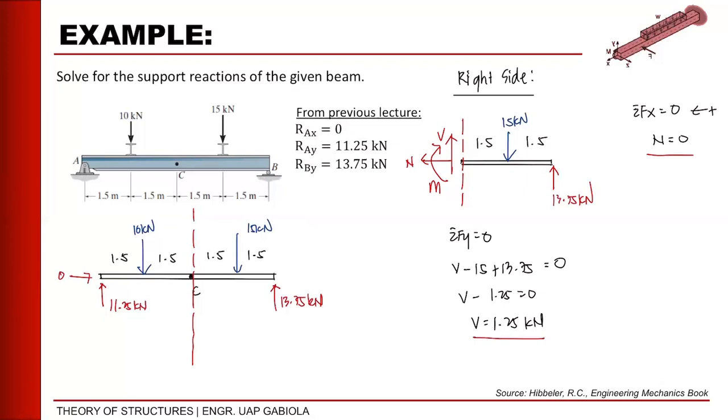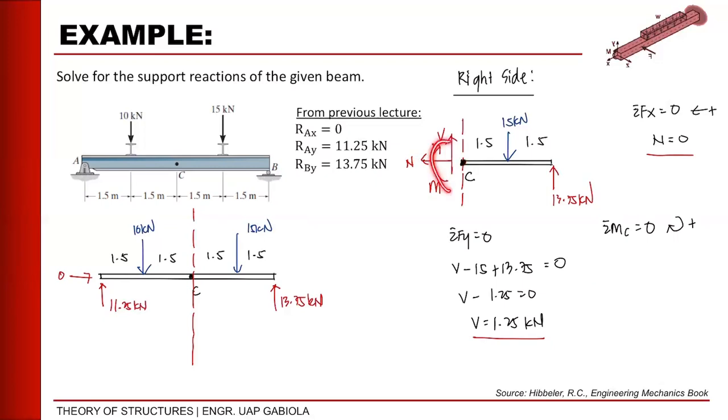Okay? Then next is, i-moment lang din natin ulit ito sa position ng cut natin. So, at C. So, summation of moment at C is equals to 0. So, assumption ko is taking clockwise as positive. Okay? So, alin na magro-rotate? Si V tsaka si N is at that point, so wala silang rotation.